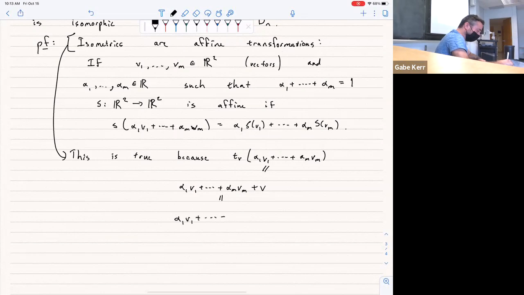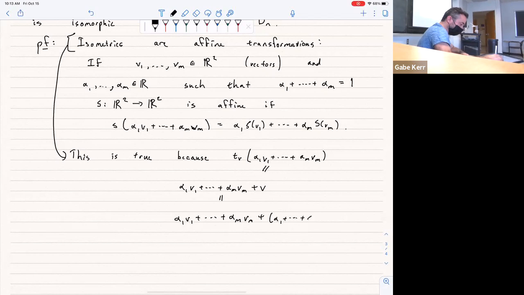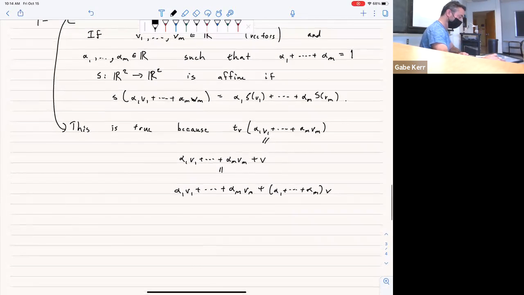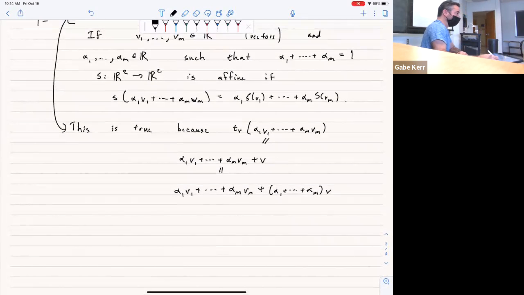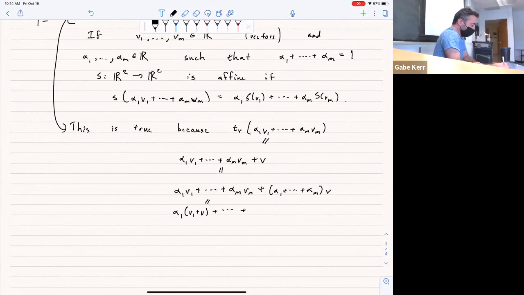What's 1 times V? Well, 1 is the sum of the alphas. So this equals alpha 1 times V1 plus V, and so on. It's reorganizing using the distributive property, or linearity if you want.